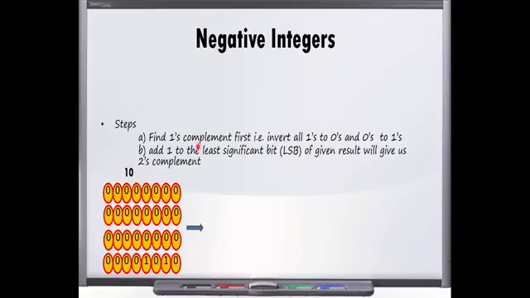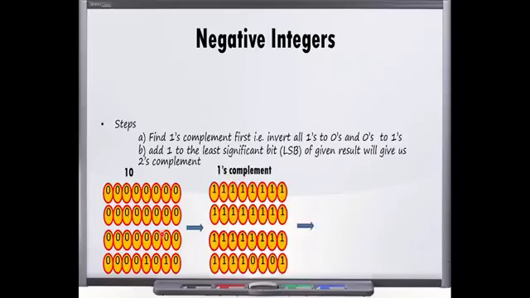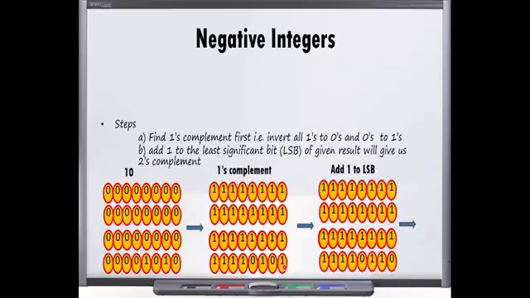For example, we have already seen this is the representation of 10 in 32 bits. Now I have to find the 1's complement first. So let's invert all the zeros to 1 and all the ones to zeros. It will look something like this. After that, you just have to add 1 to this number, because this is the least significant bit, the rightmost bit.